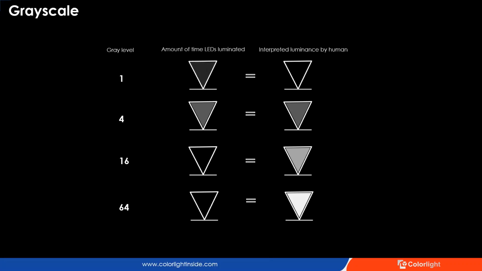The same principle applies to gray level 16 and gray level 64, and other gray levels. The amount of time an LED needs to represent gray level 1 is also called the minimum OE.